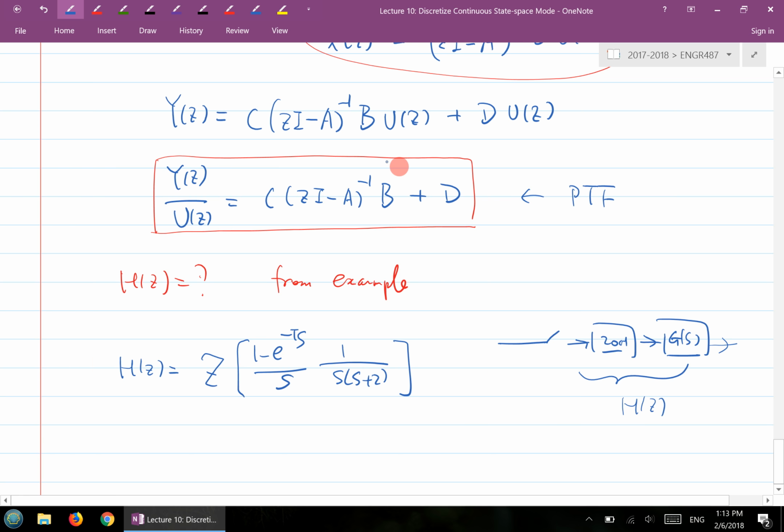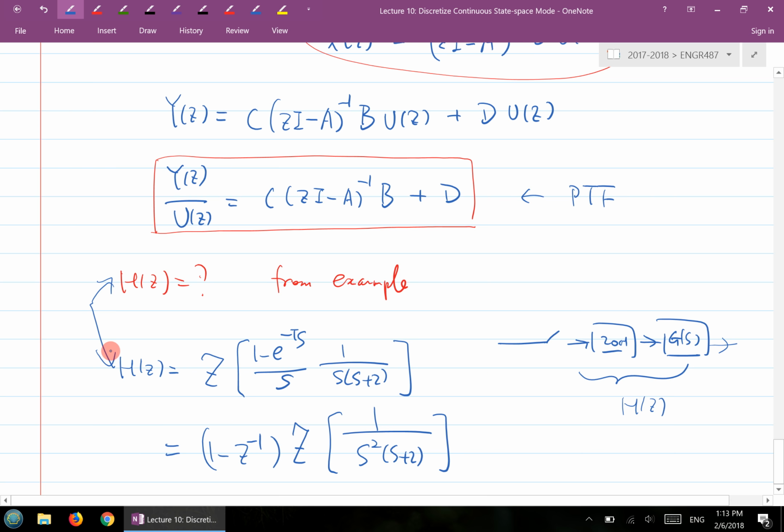So whatever you get from here should be the same as what you get from here, because they're all zero-order hold equivalent. This is discretization. This is the pulse transfer function. This is essentially (1 minus z to the power of -1) times Z of 1 over s squared times (s plus 2). So you can compare results from here and results from here. These two should be exactly the same.